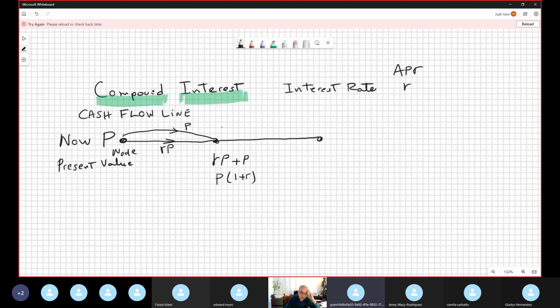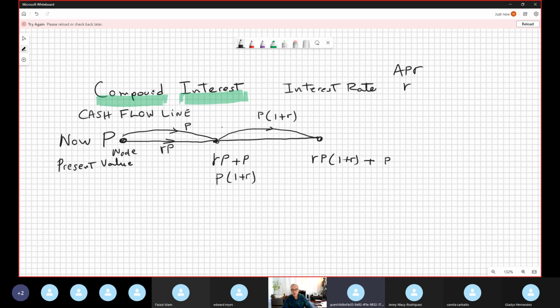So at this moment you have R times this money, basically R times P(1 plus R), plus the other money that you don't touch, which is P(1 plus R).